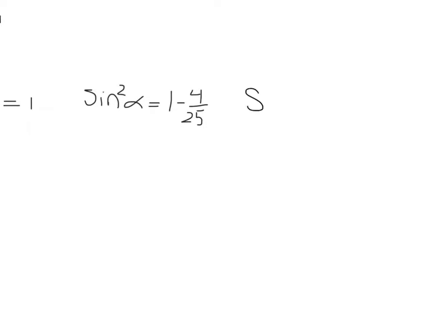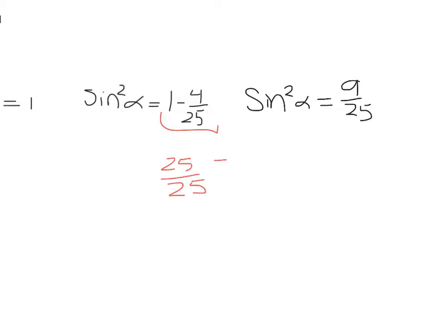What I did there is I made the same common denominator, so I have 25 over 25 minus... what did I have, 4? Oh, sorry, that shouldn't be a 9. So it's minus 4 over 25, and so here, erase that, that should be 21 over 25.